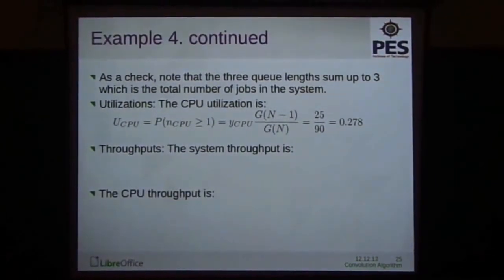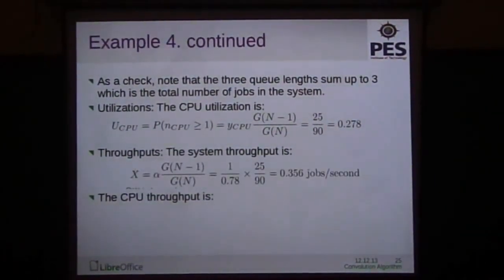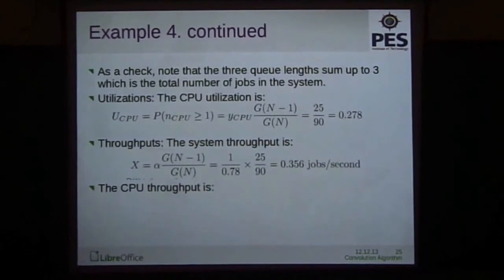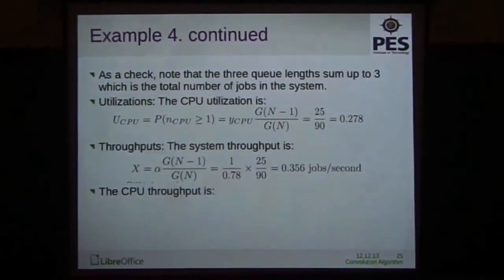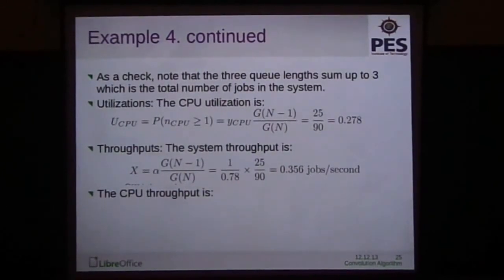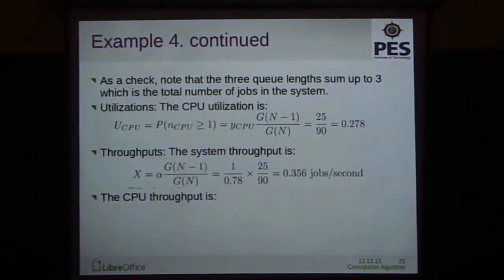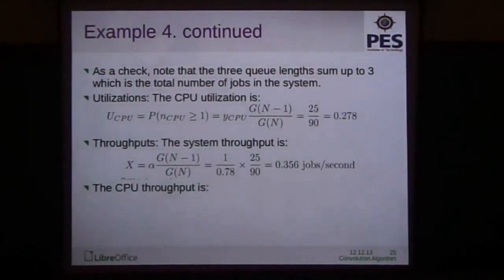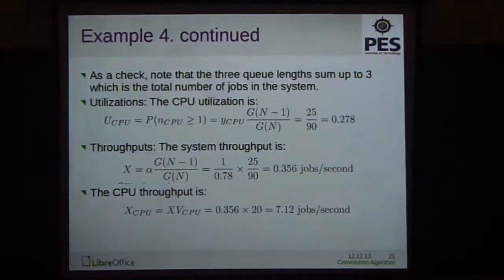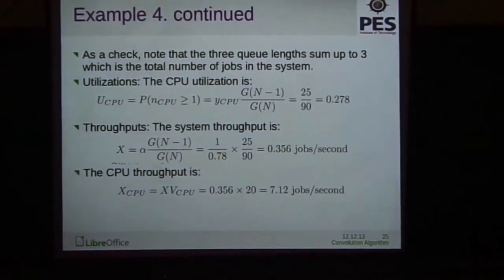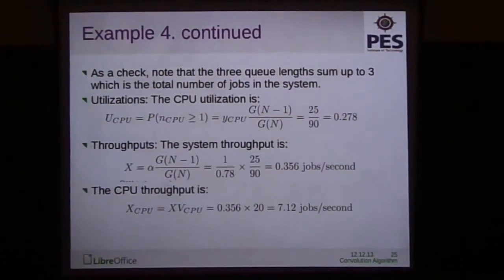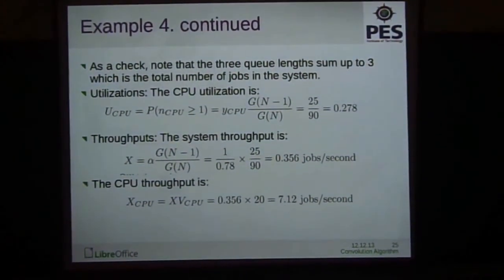The system throughput is X equals alpha into G of n minus 1 by Gn, equals 1 by 0.78 into 25 by 90, equals 0.356 jobs per second. The CPU throughput will be X of CPU equals X V CPU equals 0.356 into 20, which equals 7.1 jobs per second.